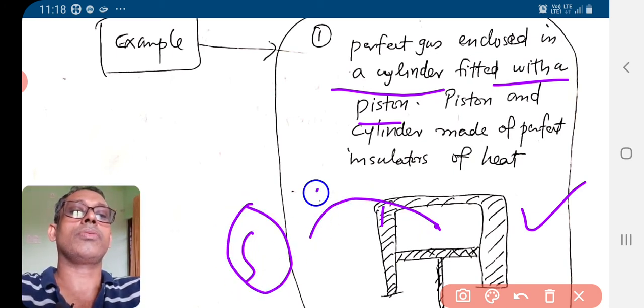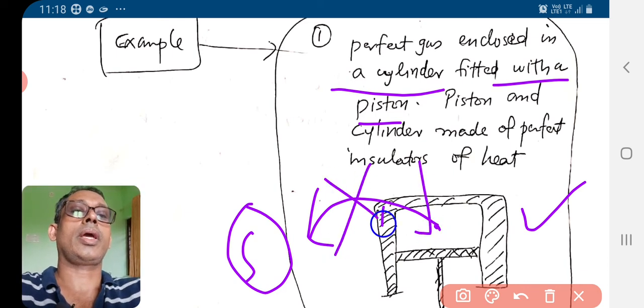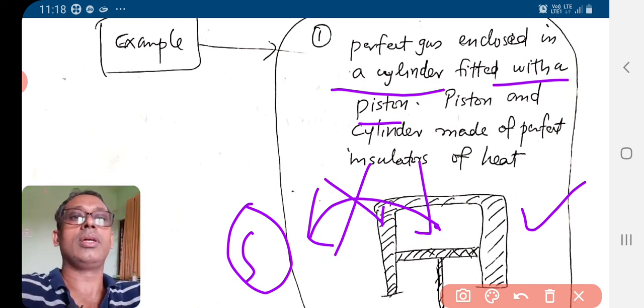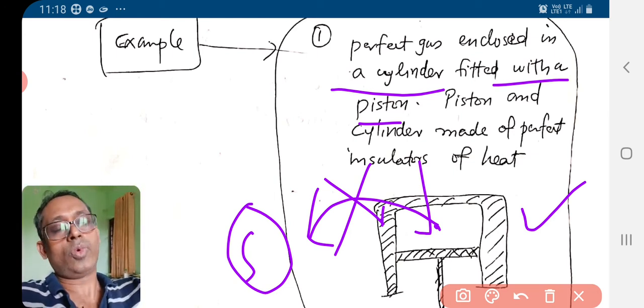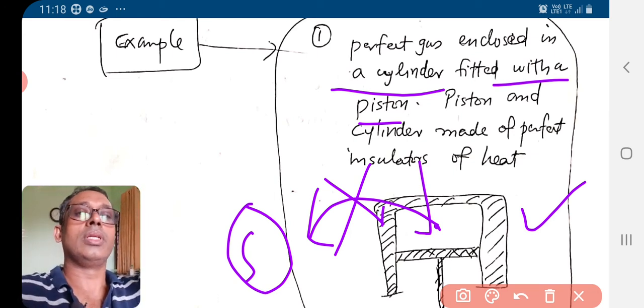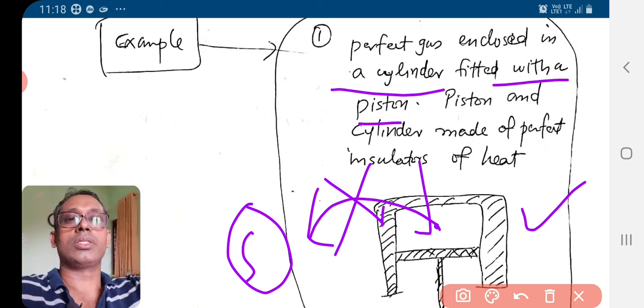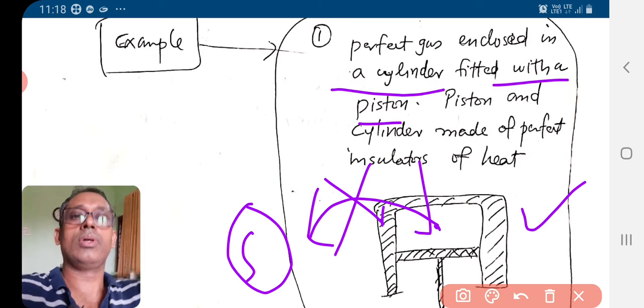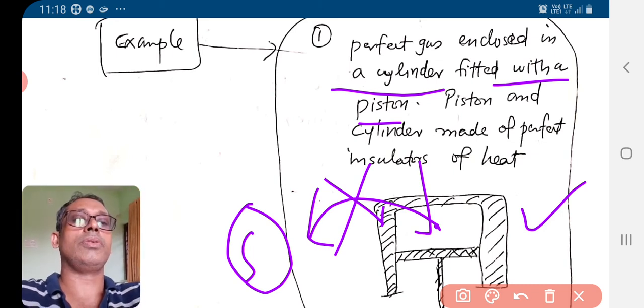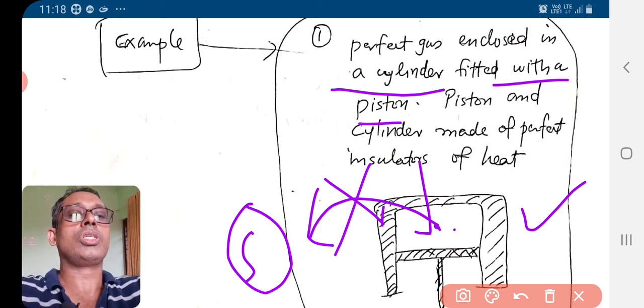If you compress the gas, we are doing work on the gas, so it gets energy and its temperature will rise, and that temperature will not change because there is no exchange of heat between the system and surroundings.